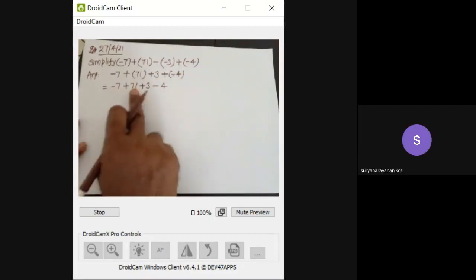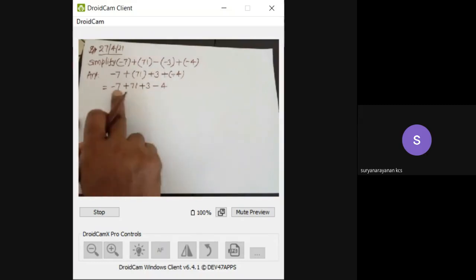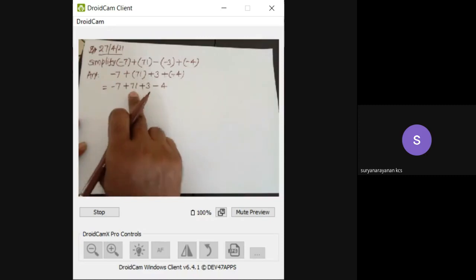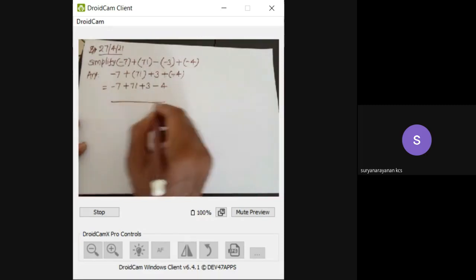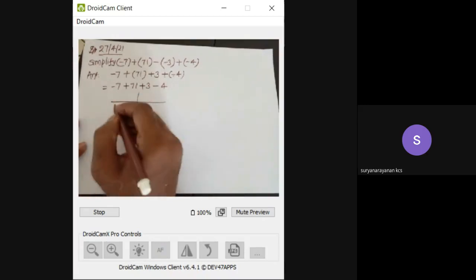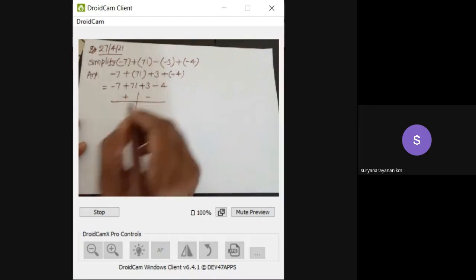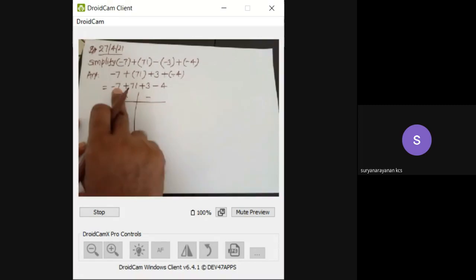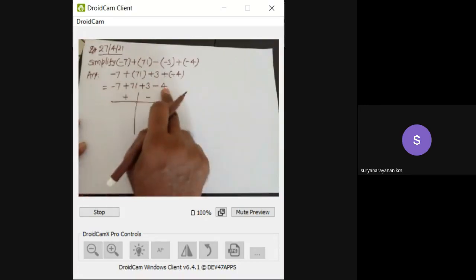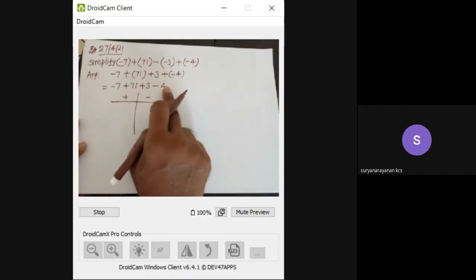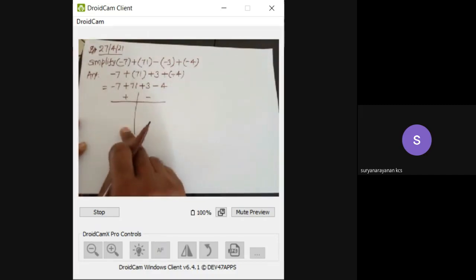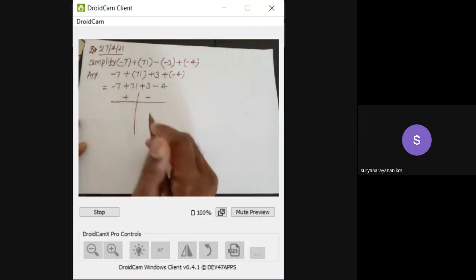So here there are 4 numbers. If you observe this line, there are 4 numbers, namely minus 7, plus 71, plus 3, minus 4. Now classify, divide, segregate them as positive numbers and negative numbers. If you get a mathematical expression like this, where some numbers are linked like this, we have to segregate them into positive numbers and negative numbers.